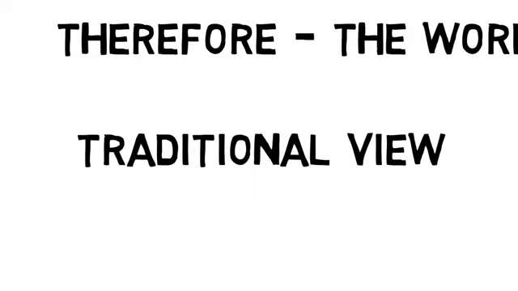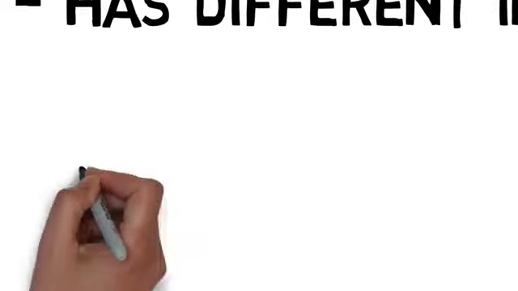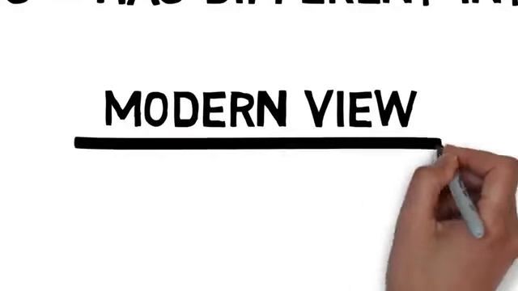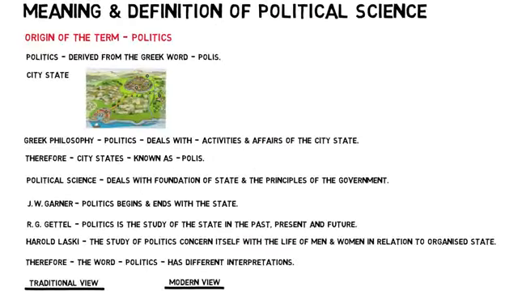One is the traditional view and one is the modern view. When we talk about understanding the meaning of political science or the meaning of politics, it has been interpreted differently by different scholars.